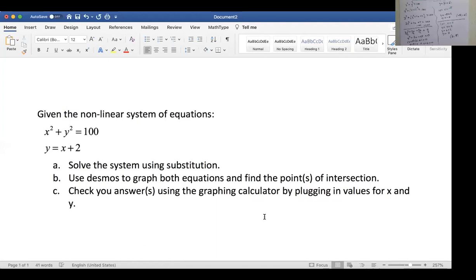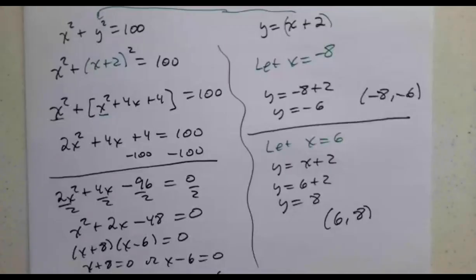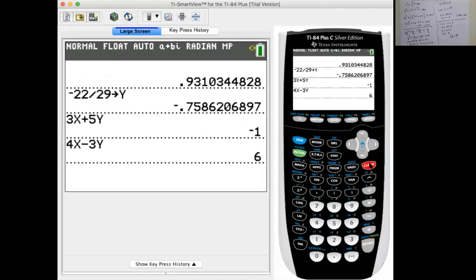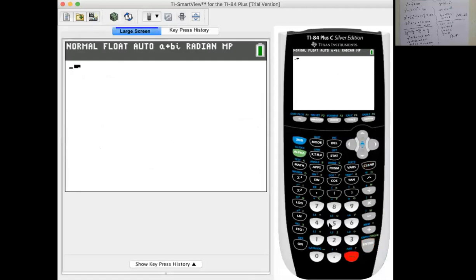So the last thing that is being asked of me is to check my answers by plugging them into the graphing calculator. So let's quickly do that. I'm going to pull up the graphing calculator. -8, -6 is my first solution. So -8 store in x, -6 store in y.